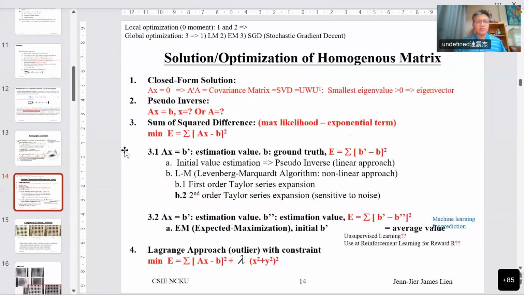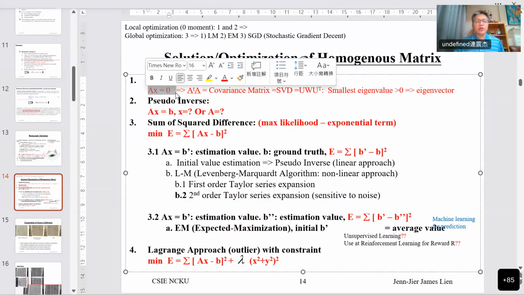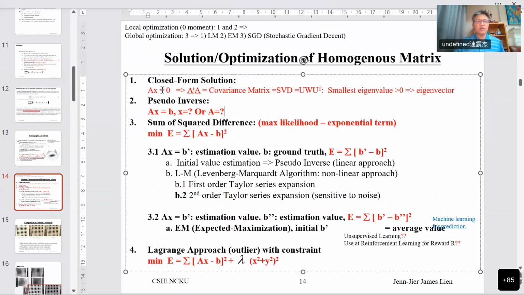And on page 14, I do this for you. This optimization method: when AX equals 0, for the homogeneous matrix, we call this a closed form solution.